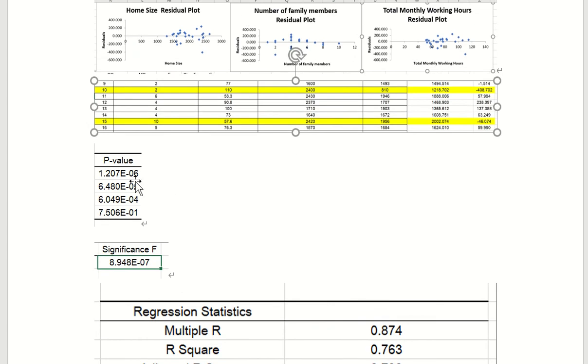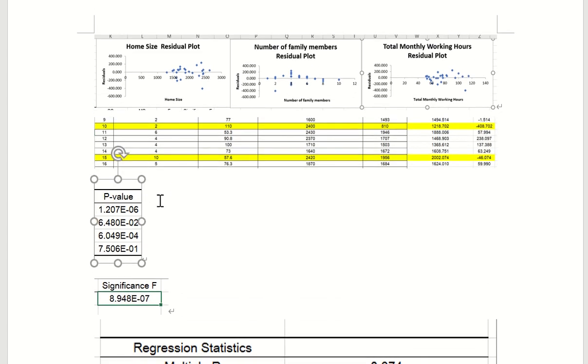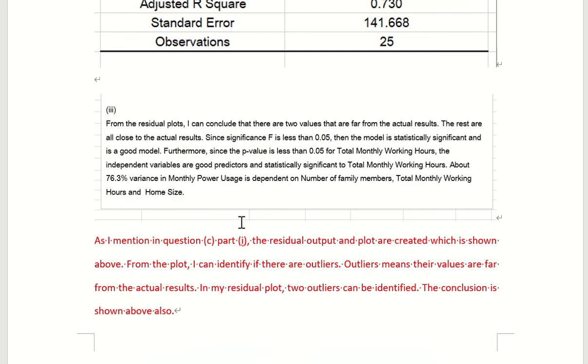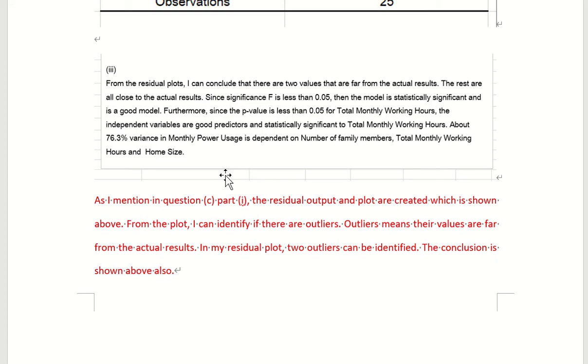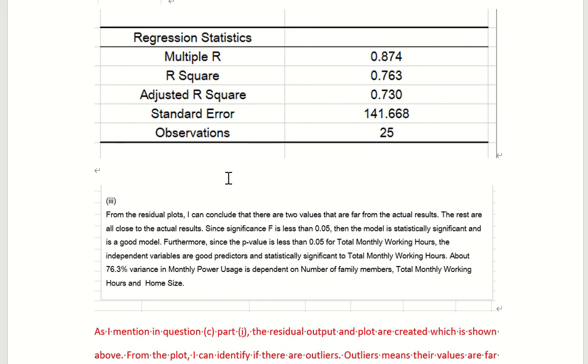Also from the table, we can see that of all these four p-values, only one p-value is less than 0.05. So the independent variable with a p-value less than 0.05 is a good predictor and is statistically significant.